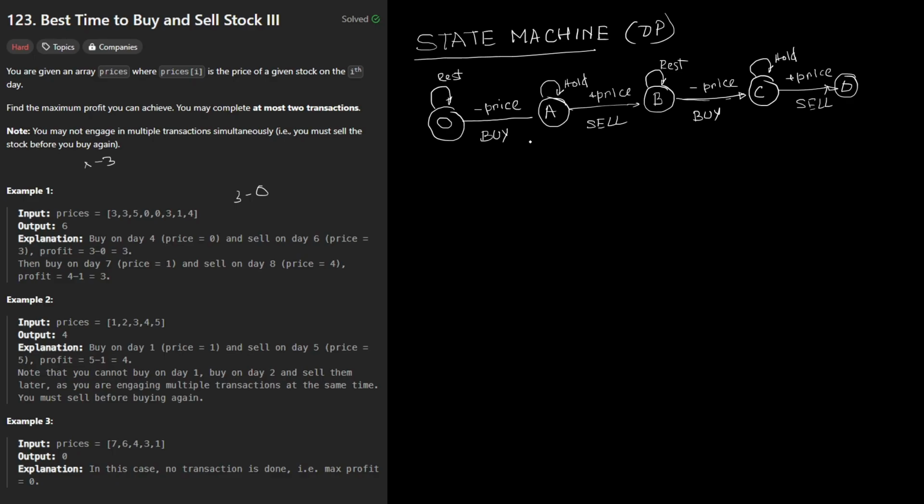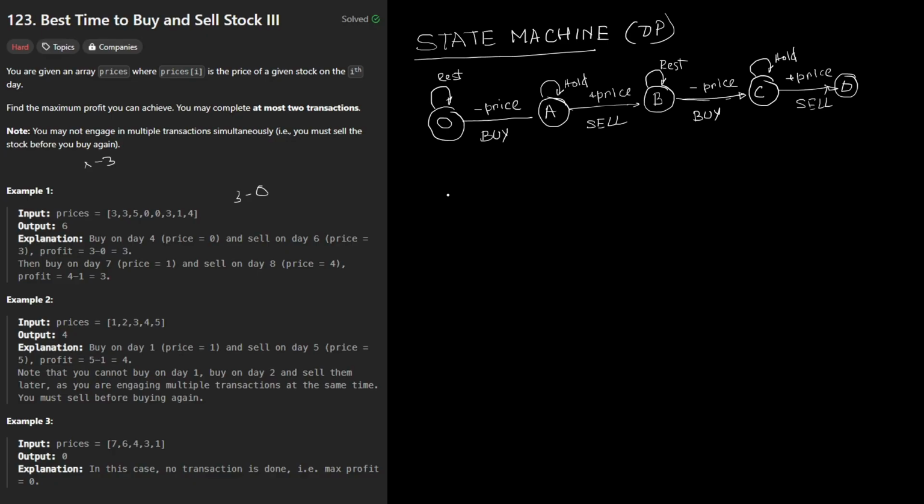Ideally, you're just going to calculate these states. This 0 we can ignore, or we can just assign a predefined value at state A of minus price 0. In case it was 3 transactions, the number of states would go on to E and F. So in that way you can proceed.